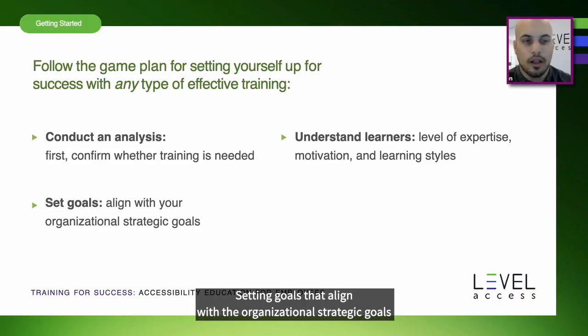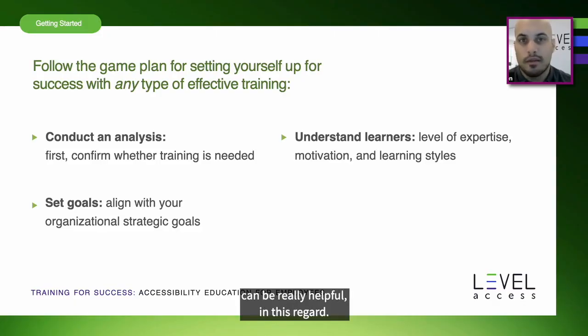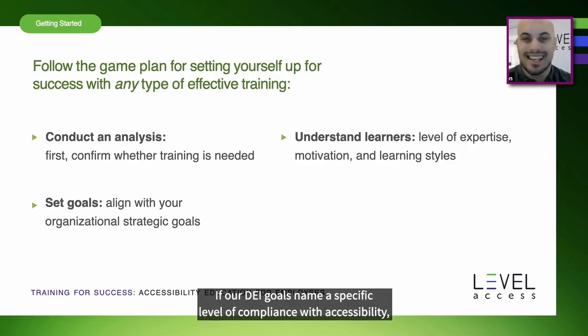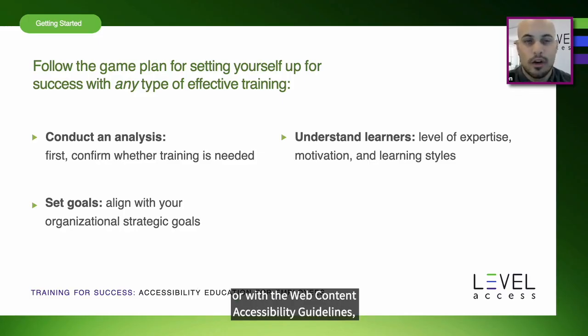Setting goals that align with the organizational strategic goals can be really helpful in this regard. So if our DEI goals name a specific level of compliance with accessibility or with the Web Content Accessibility Guidelines, then we may want to incorporate training that focuses on meeting that end of year goal.